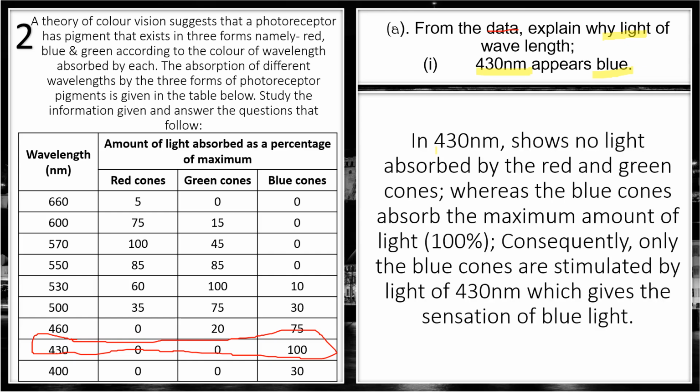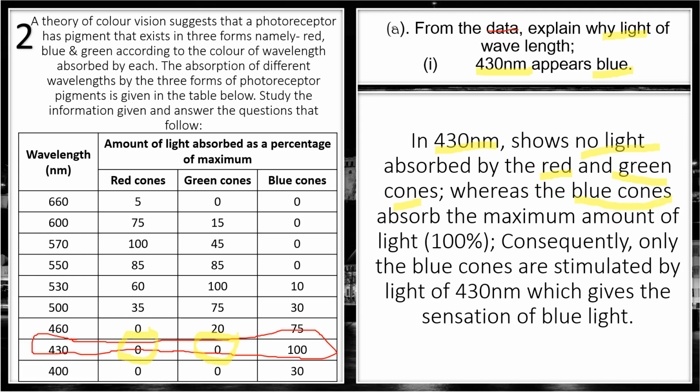So in the 430 nanometer wavelength, it shows no light absorbed by the red and the green cones. If you look at the red, they don't absorb any light of that wavelength, and even the green cones don't absorb that light.